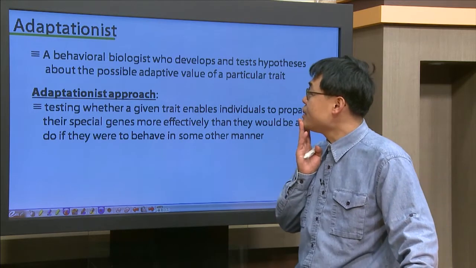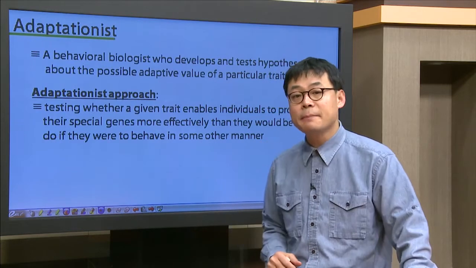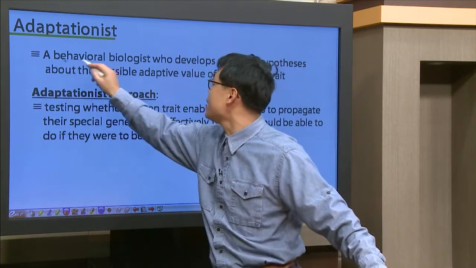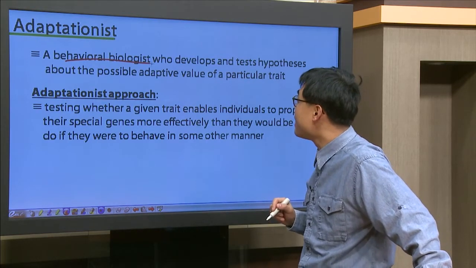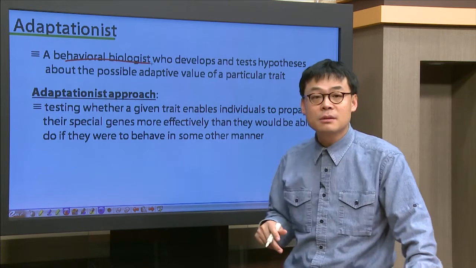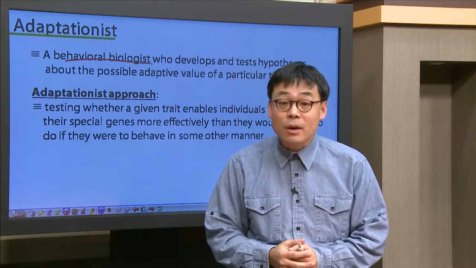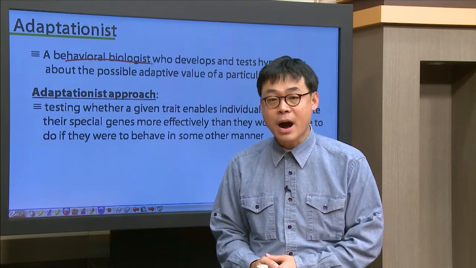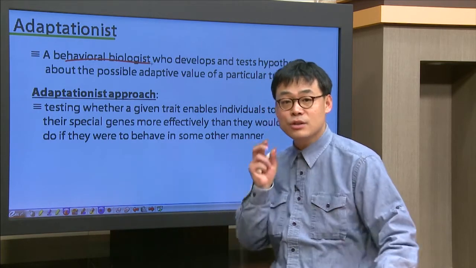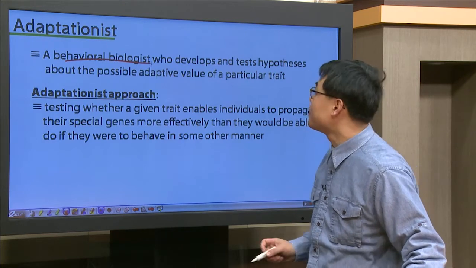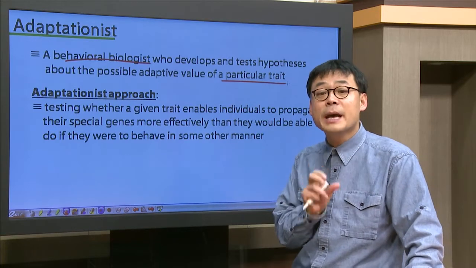So, adaptationist. I'm an adaptationist, and I also want you to become an adaptationist. That's a behavioral biologist who develops and tests hypotheses about the possible adaptive value of a particular trait. If you look at some behavior by an animal and you want to understand why the animal does this behavior, then you should ask whether that particular trait or behavior has some adaptive value.